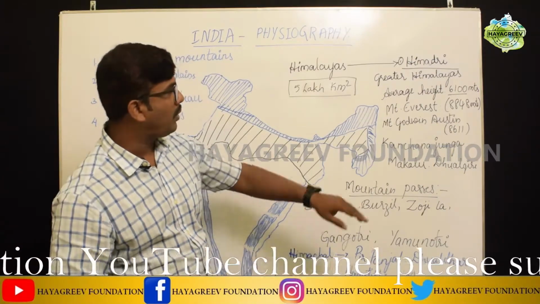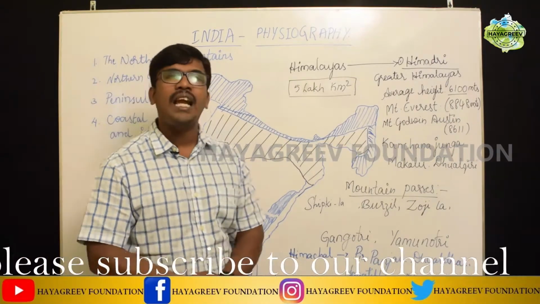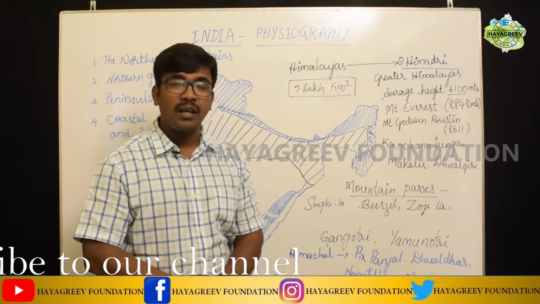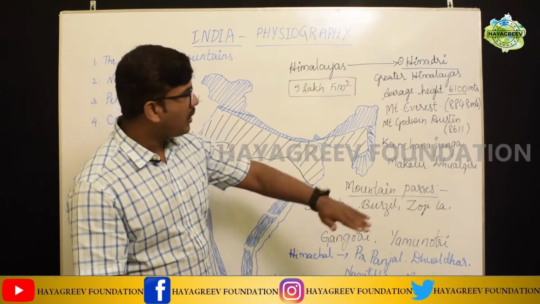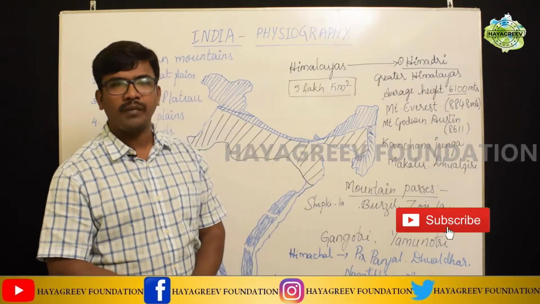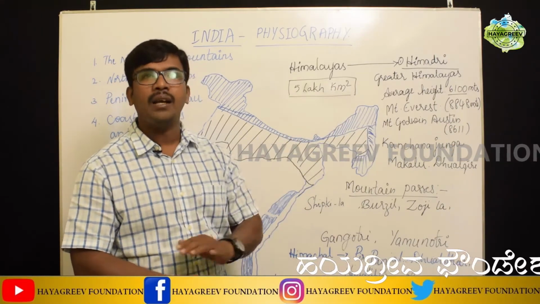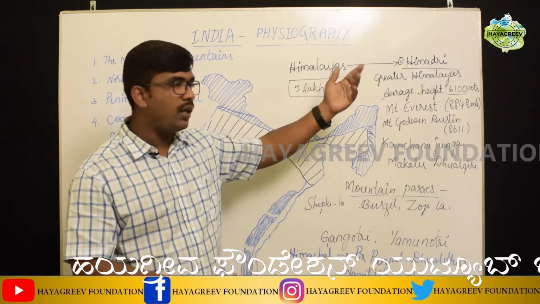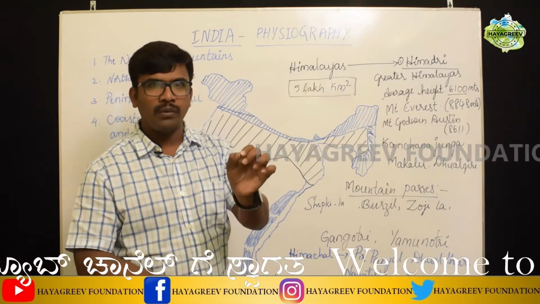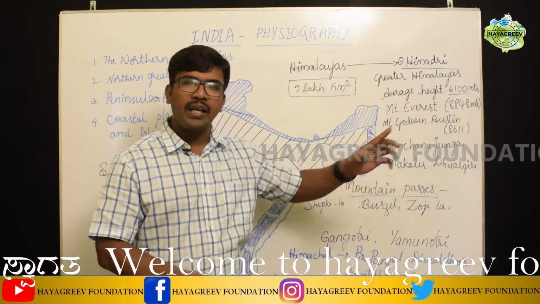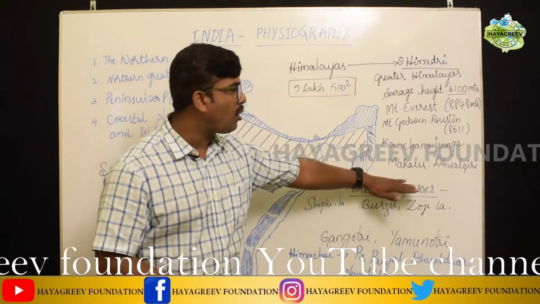For example, Mount Everest, at 8,848 meters, is the highest peak in the world. Then Mount Godwin Austen, 8,611 meters, is the highest peak in India. Mount Godwin Austen is also called K2, meaning Karakoram. Some other peaks are Kanchenjunga, Makalu and Dhaulagiri.